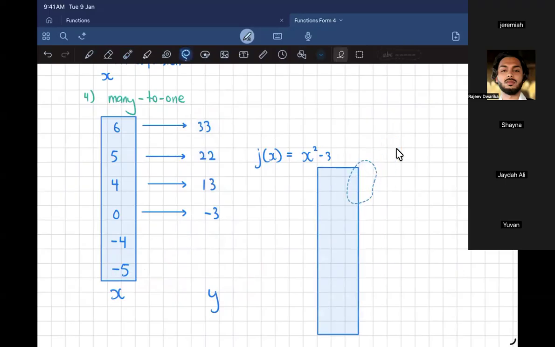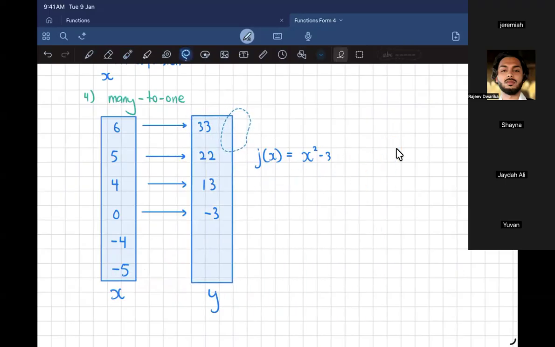So we wouldn't put back 13 and 22 twice. You would write it like this, and this would be correct. And I would show that minus 4 is going to 13 as well. And I would show that minus 5 is going to where? Tell me, guys, minus 5 is going to where? Sheena or Vanessa, where's minus 5 going to? 22, right?